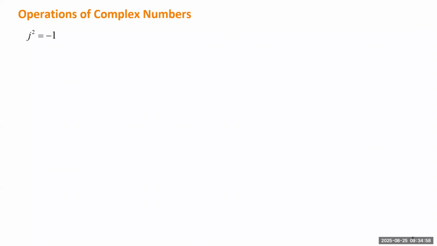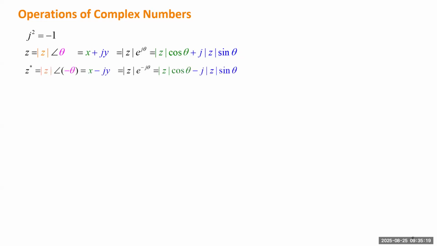So for a complex number, assume there's an imaginary unit, which is just the square root of -1. So if Z is a complex number, it will have an absolute value and angle theta. For a real number, theta will be 0. If theta is not 0, it will have a real part and an imaginary part.